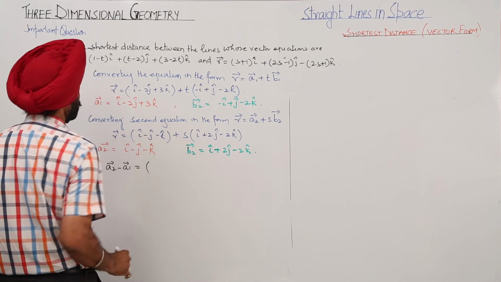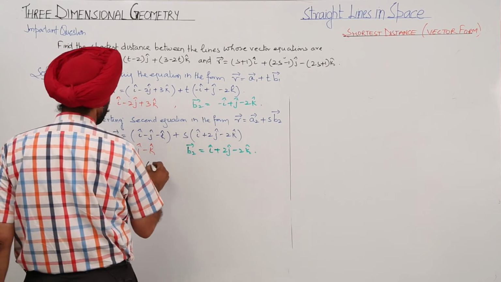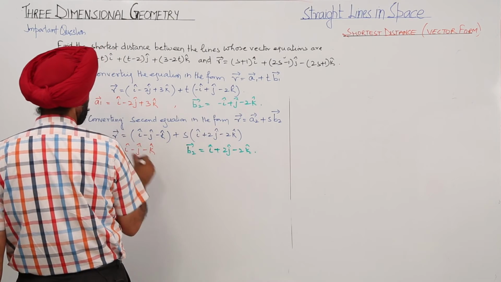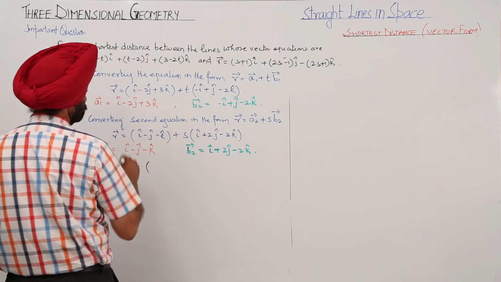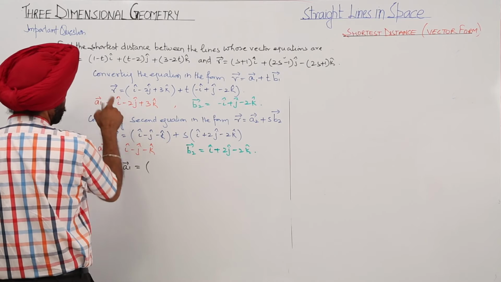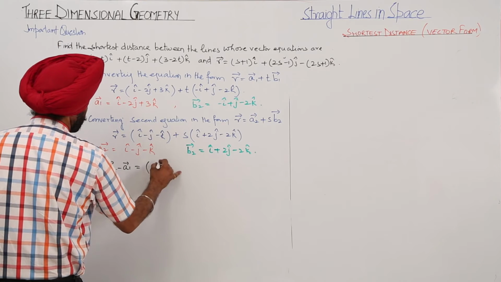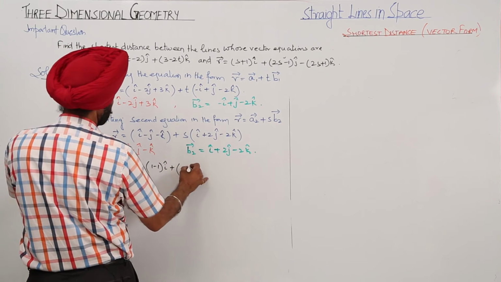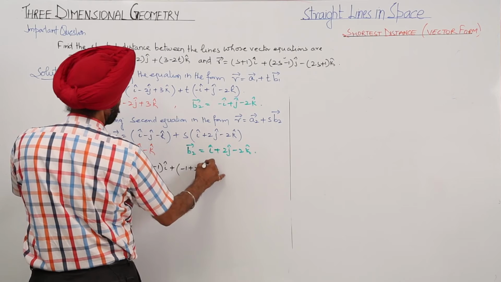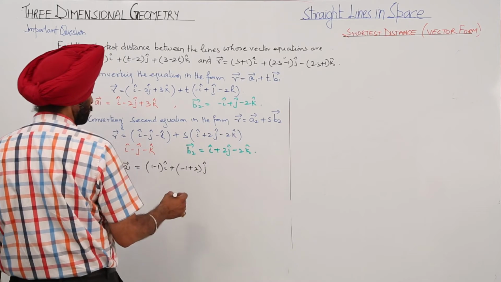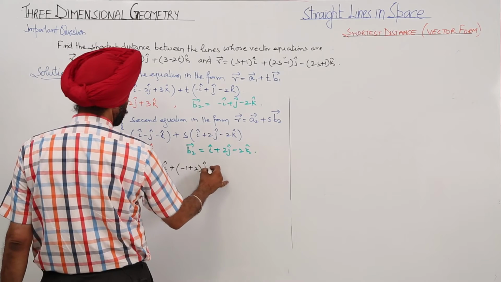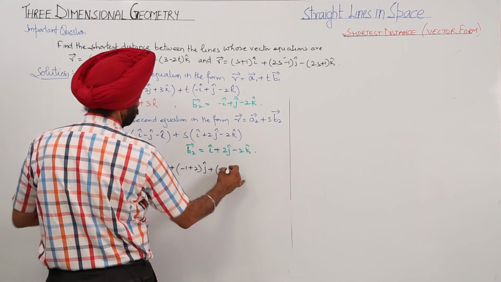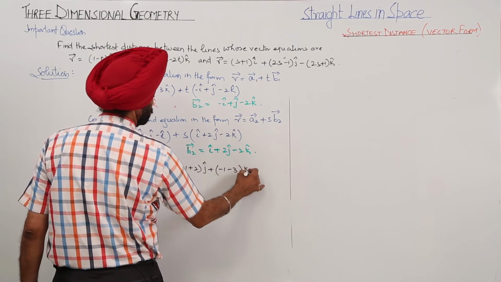Now a2 minus a1, so we are having 1 minus 1 with i cap plus minus 1 plus 2 with j cap and plus minus 1 minus 3 with k cap.